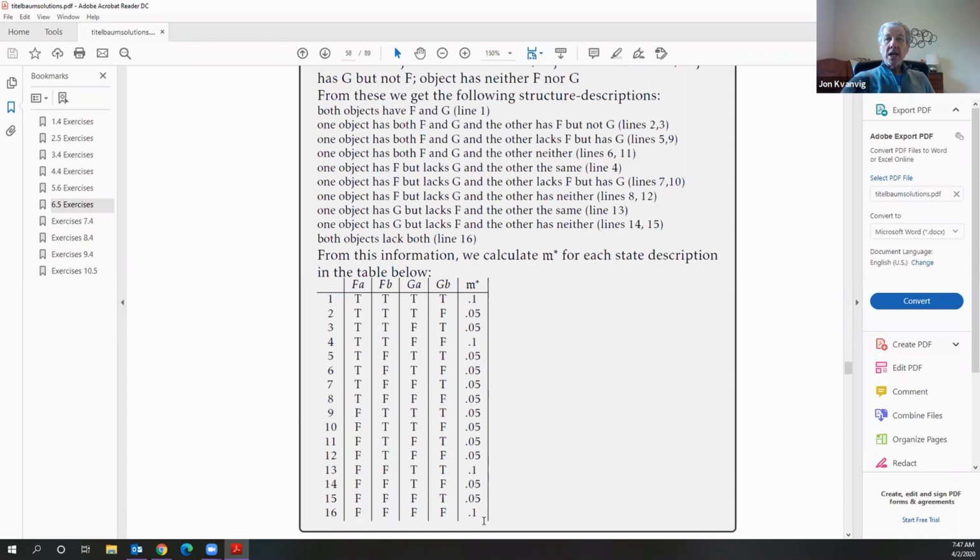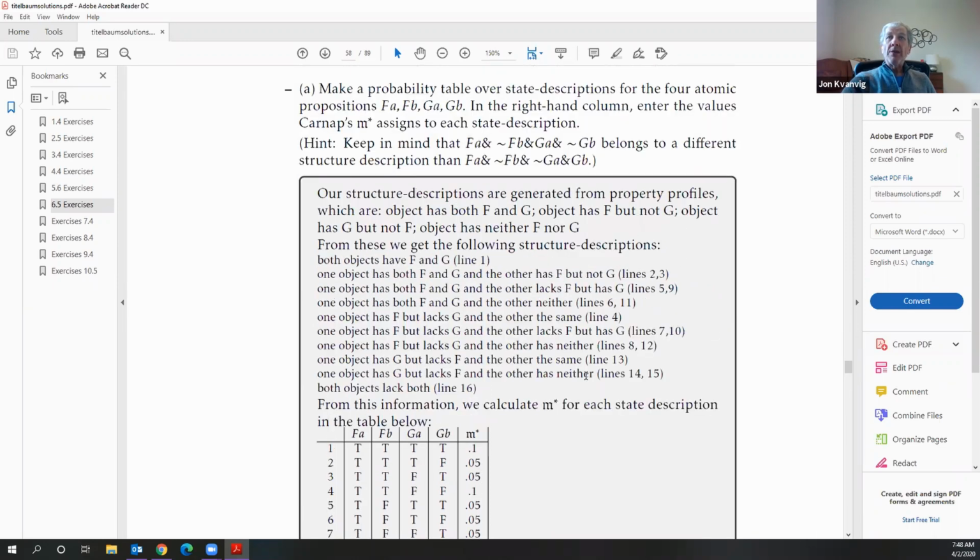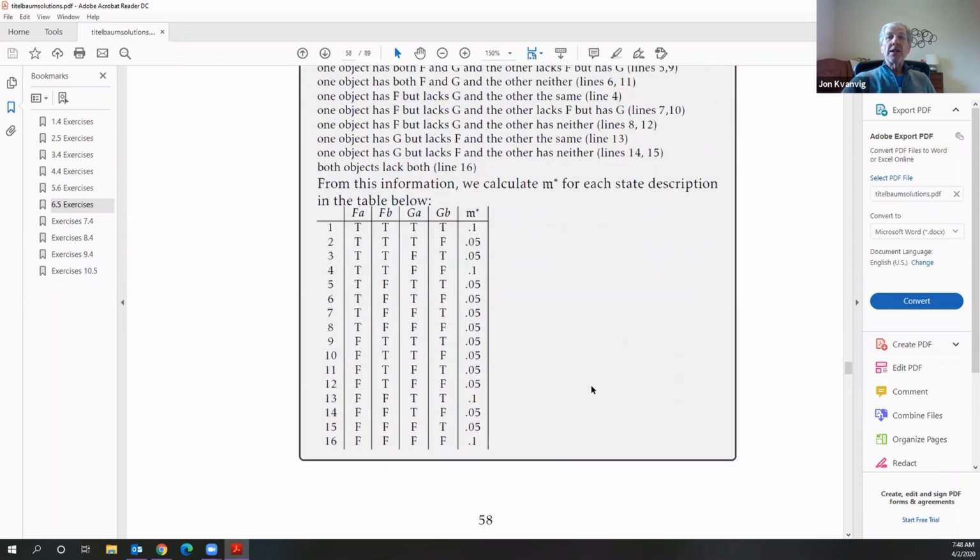There are 16 lines, 4 of them have a probability of 0.1. Every other structure description can be realized in 2 different ways, so each of them has a measure of 0.05. And you can verify that that will sum to 1 as it's supposed to. Okay, so that's a probability table of the sort asked for.